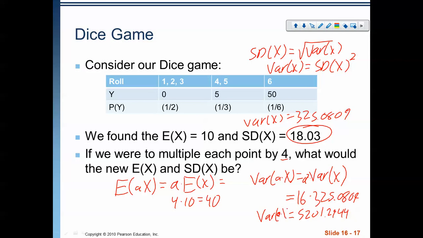of a times X. What I need is the standard deviation, so I need to take the square root of that. So the square root of 5,201.2944 is 72.12.